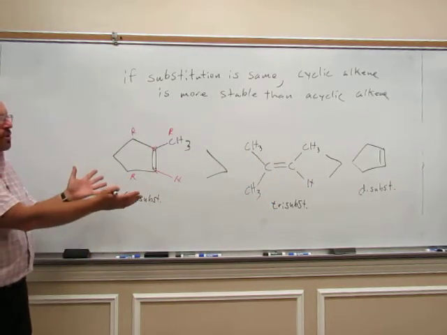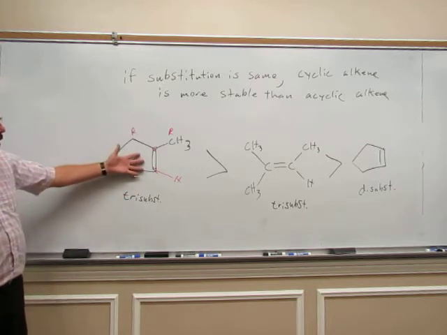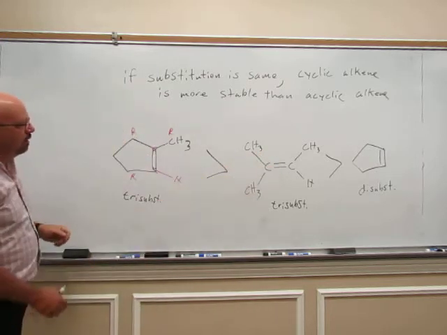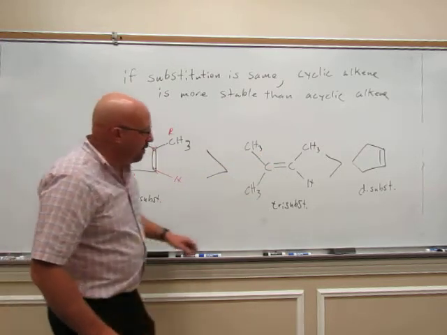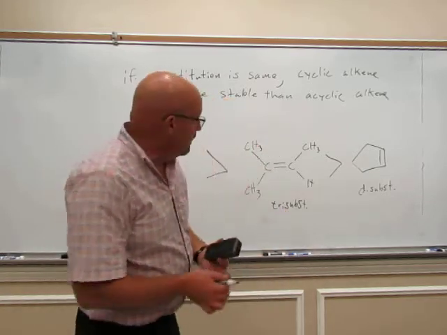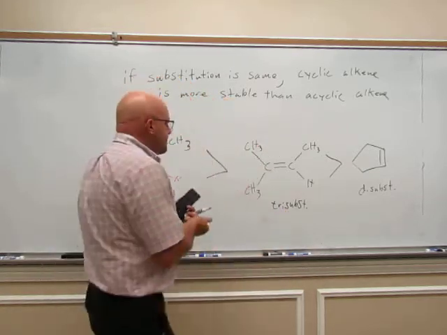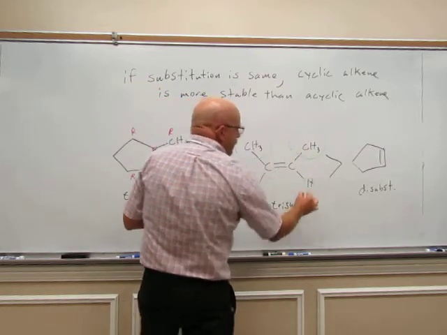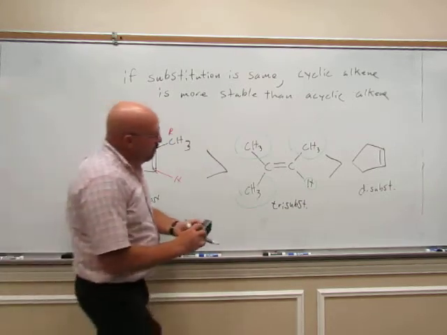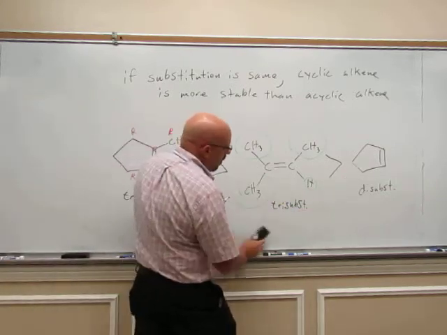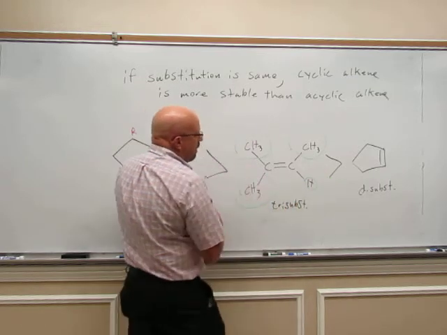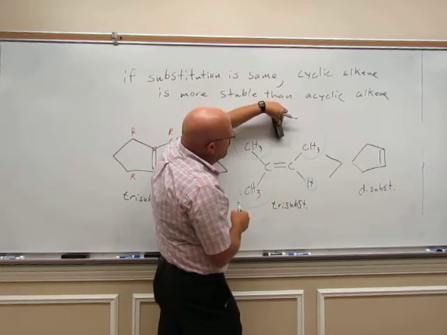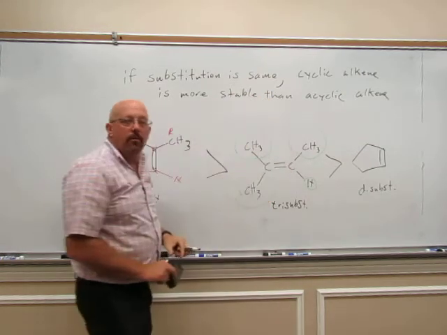Now let's go back to the first two here and think about this a little bit. Why is it more stable to have the double bond in the ring than not in a ring? Well, if something wants to come in and react with that double bond, yes, they both have three groups around it protecting it and the one little tiny hydrogen. So my eraser, let's say it wants to react with the double bond. Pretty easy to get it on this side. But it could even possibly squeeze in, maybe it turns sideways, between the two methyl groups.